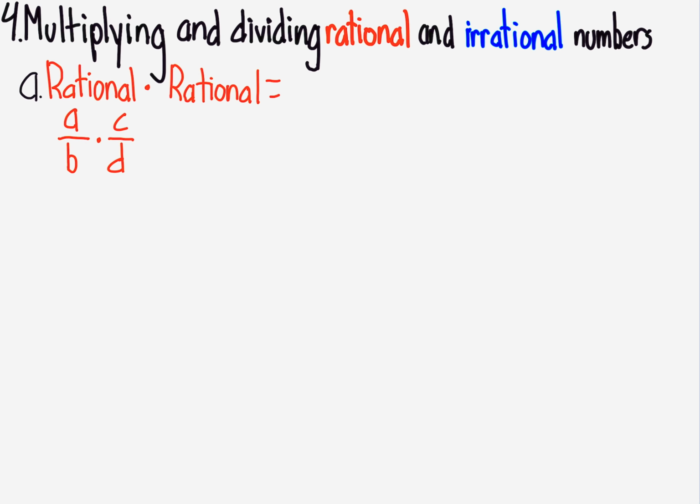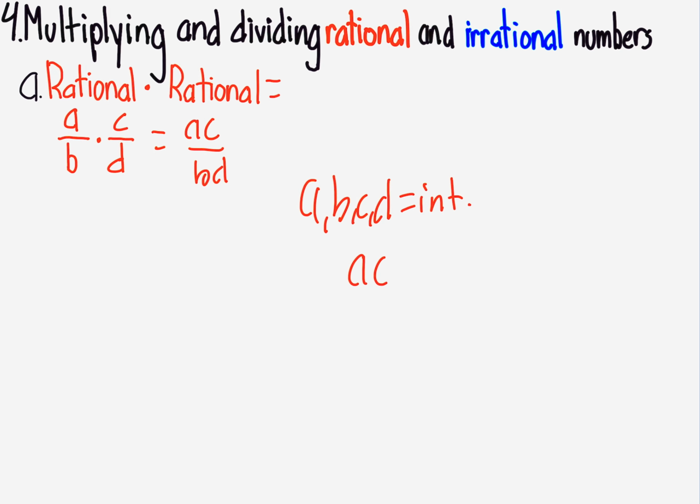First off, when you multiply two rational numbers together. Over here I have a divided by b and c divided by d, where a, b, c, and d are all integers. And so when we multiply these two fractions together, we're going to get ac over bd. And another thing is that when you multiply two integers together, so let's say ac here, it's going to be equal to another integer.